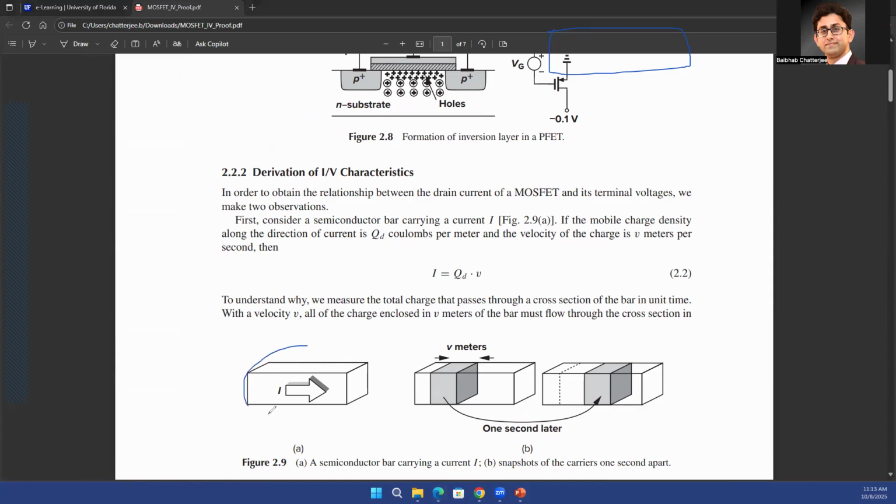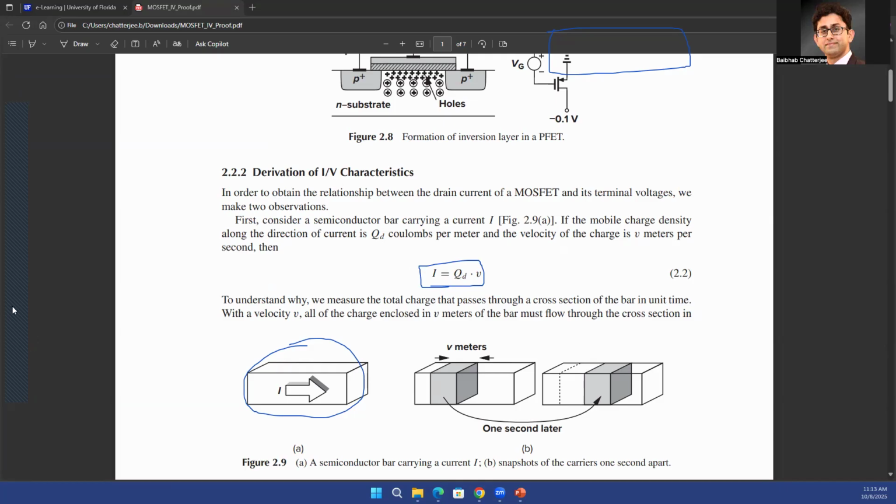So you see that this is the bar which we represented as the channel. You are representing the unit amount of charge, and after a certain unit amount of time, the charge residing in this particular volume moves to the right side because the charge is moving from left to right. Right? So you can represent your current as the amount of charge multiplied with the velocity of that charge.